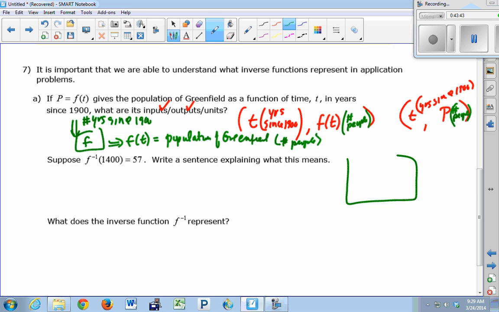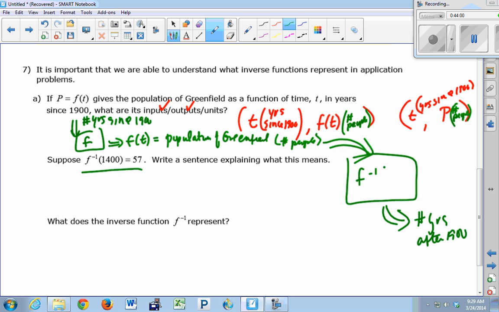So f inverse is going to take the output of your first function, which is the population, and bring you back to the number of years after 1900. So how would we interpret that particular notation right there? Does anyone want to give it a try as a sentence?